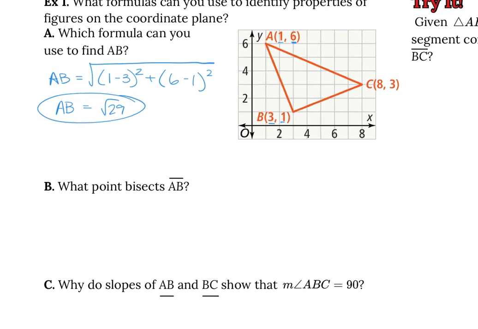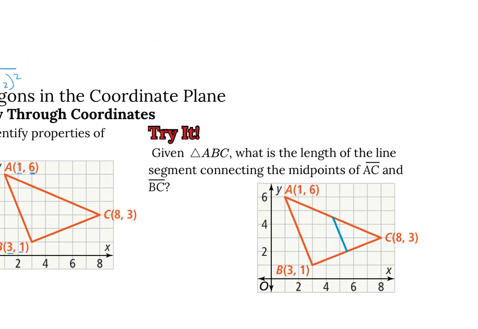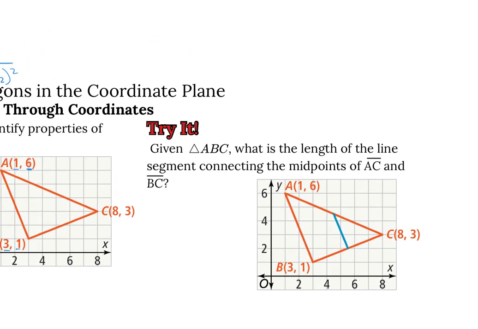Okay, B, what point bisects AB? So we want to find the center of that line AB, and to do that, we need to find the midpoint. So our midpoint formula: we are essentially taking the averages of our x's and our y's.